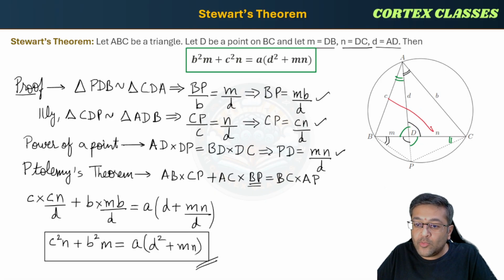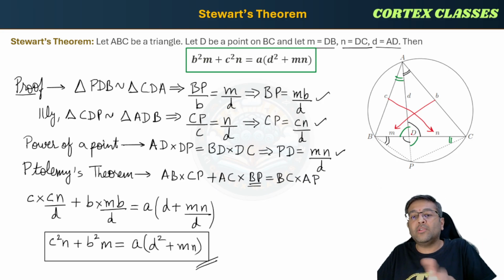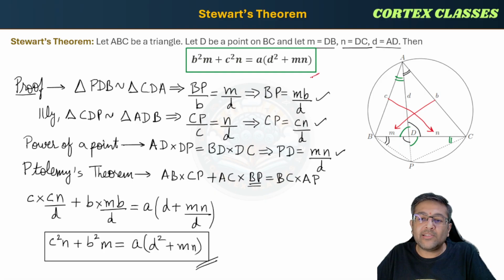So C square into the side of the opposite division: C square into N plus B square into M. That will be equal to the third side that is left, which you are dividing, that is A in this case, into the square of the side AD, AD square, plus the product of the two divisions, M into N. So like this you can remember it.